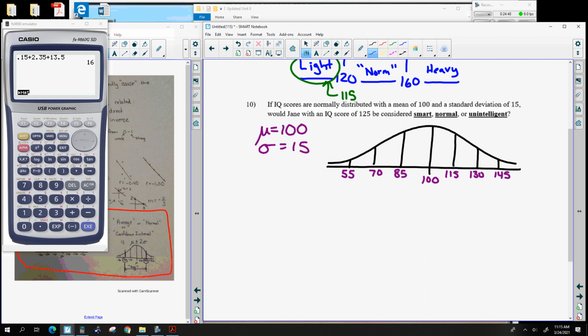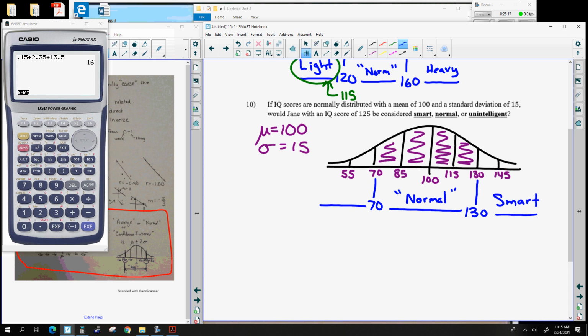So normal is, again, if this is the average, it's 2 up and 2 down. So normal is between 70 and 130. So if you're above 130, that would be considered to be smart.